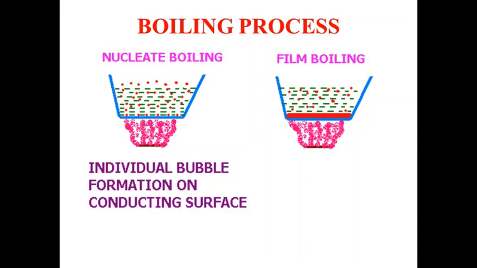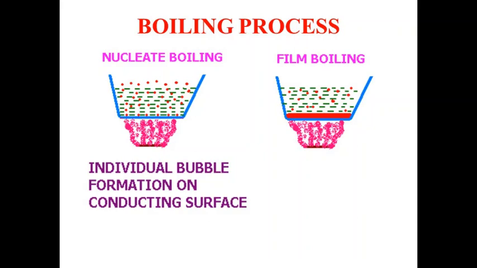This steam blanketing affects the heat transfer and boiling of the bulk of the fluid, because the coefficient of heat transfer of steam is less than the coefficient of heat transfer of water.